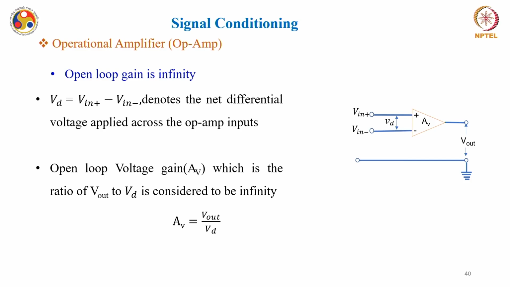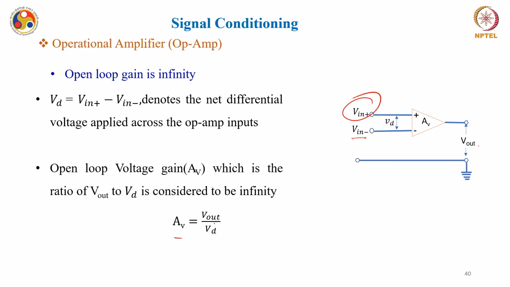VD, we have seen, is V in plus minus V in minus, the voltage difference between these terminals. This denotes the net differential voltage across the op-amp terminals, VD. So the open loop voltage gain AV, which is the ratio of V out to VD, should be infinite. Although practically it is not infinite, it is very high, of the order of a few lakhs.